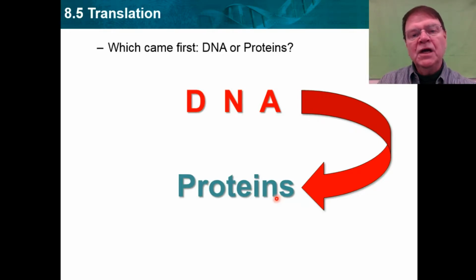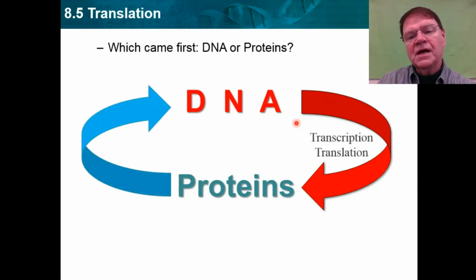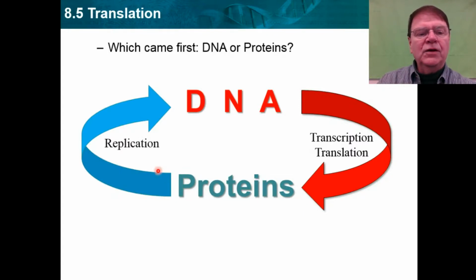They depend upon the specific sequence of amino acids that are coded for in the process of transcription and through translation that we just looked at. But wait, isn't it also true that proteins are needed for the replication of DNA in the first place?